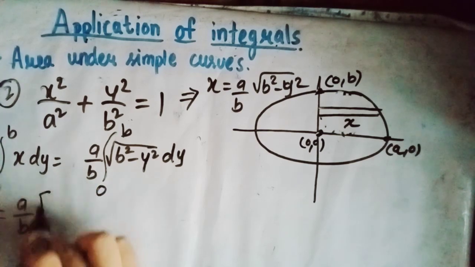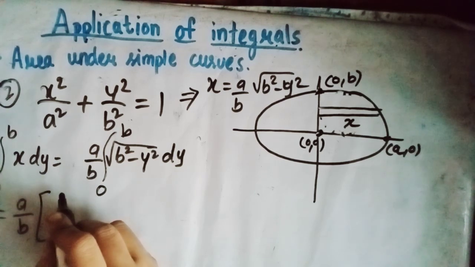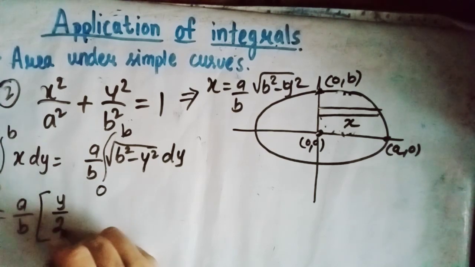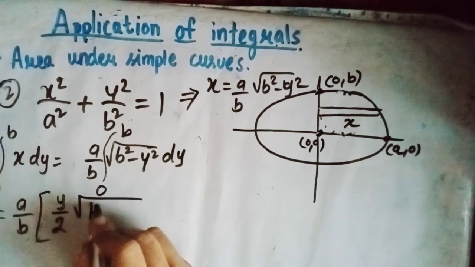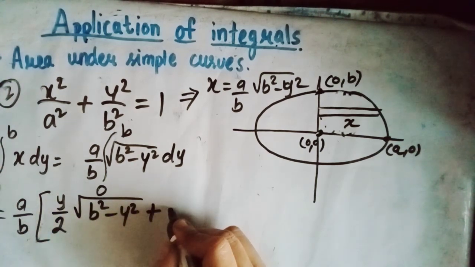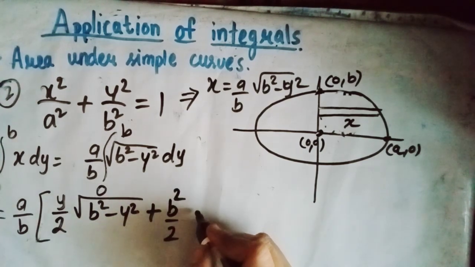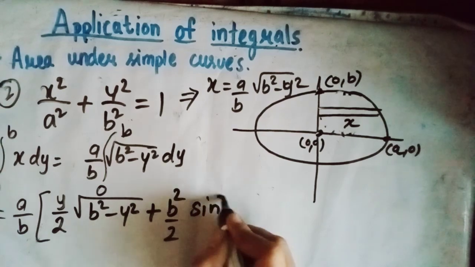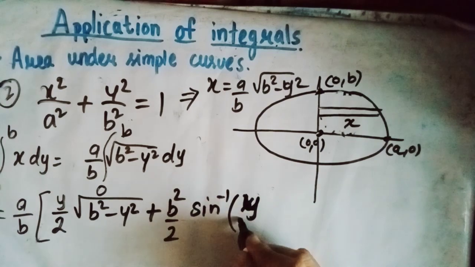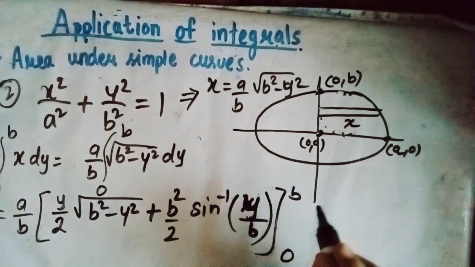Let's write it down: y by 2 root of b square minus y square plus b square by 2 sine inverse of y by b, from 0 to b.